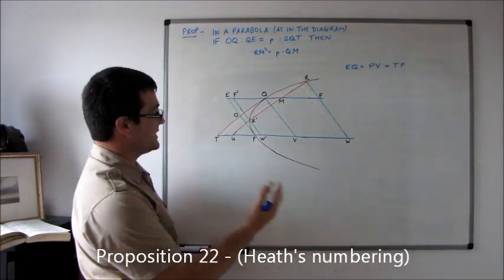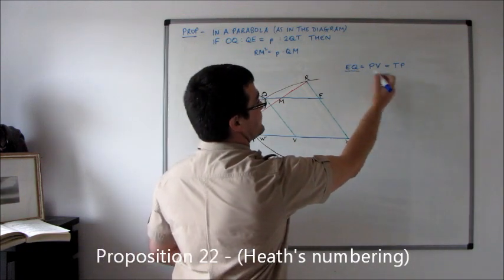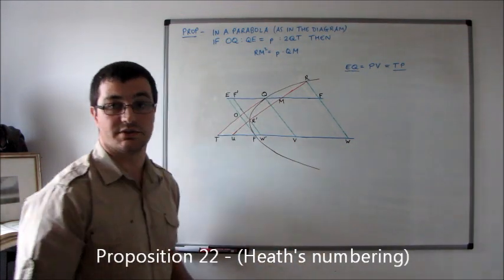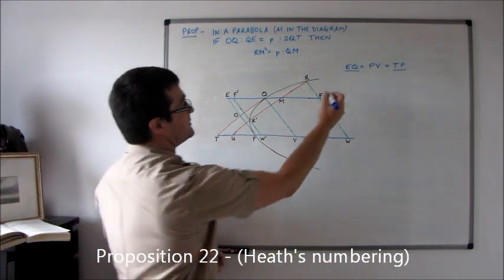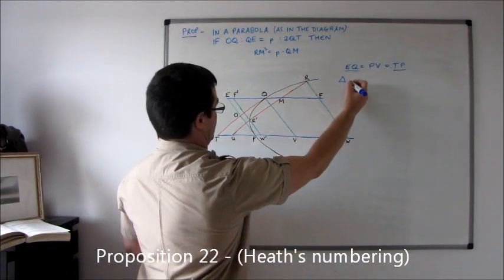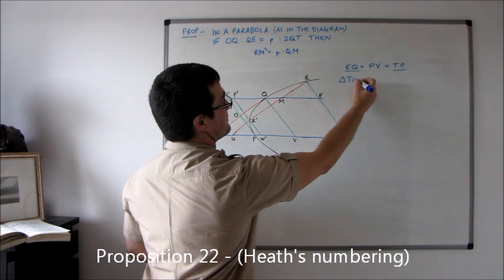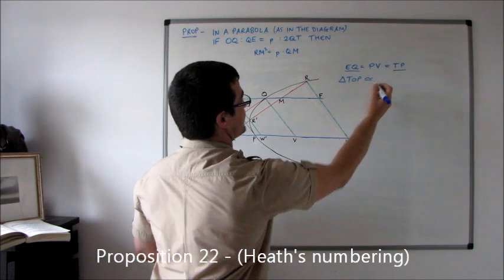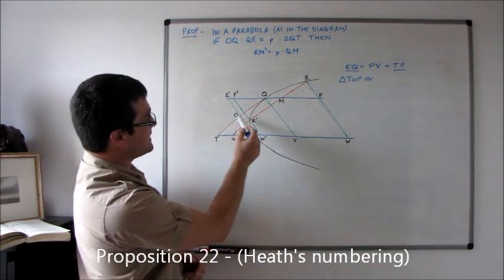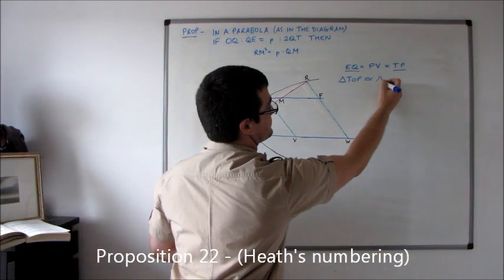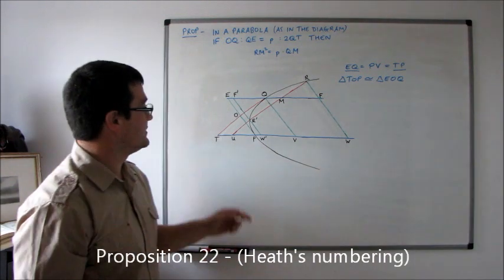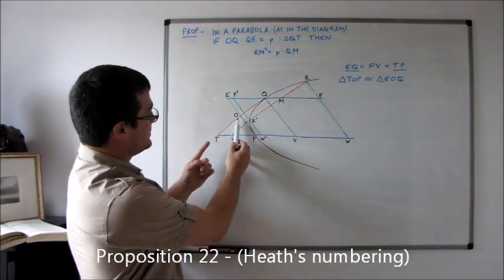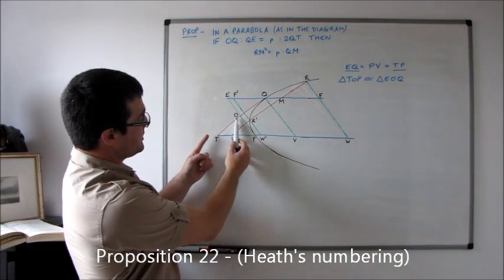Okay, so in particular we're interested in the fact that EQ is equal to TP, because notice that triangle TOP is similar to triangle EOQ. Because they're equiangular, it's quite obvious that they're equiangular.